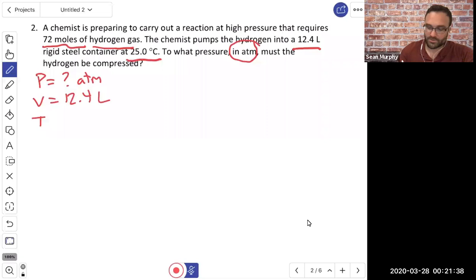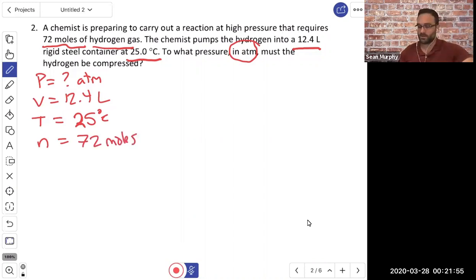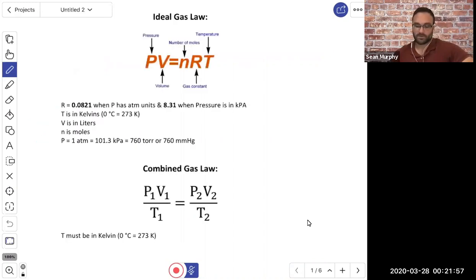Our temperature is 25 degrees C. And then we have moles, which is 72 moles. All right, so let's see which formula we're going to use.